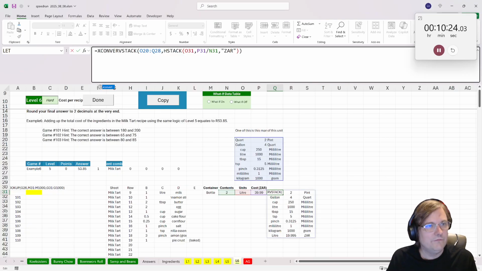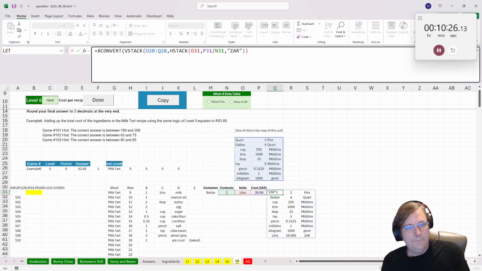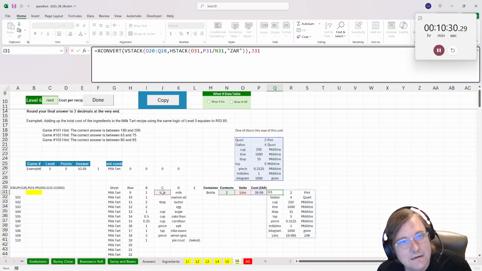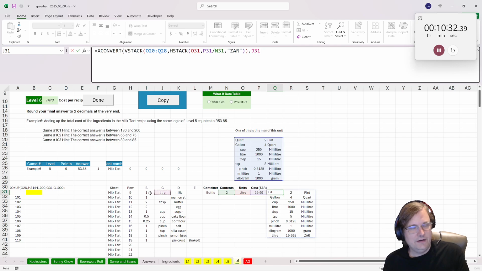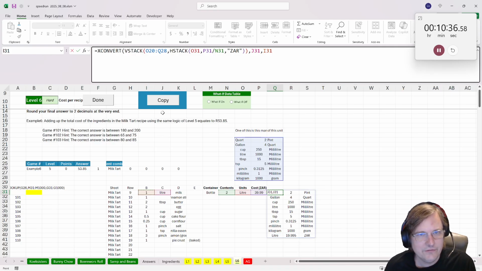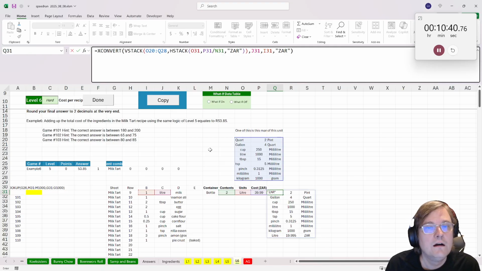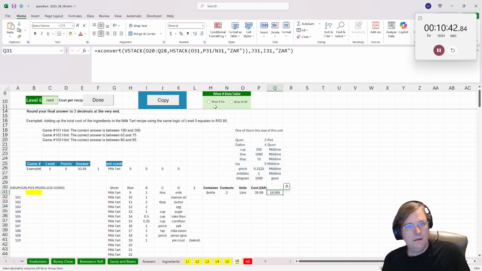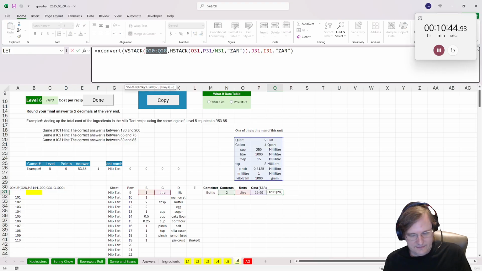So XConvert based on this table. I'm going from liter from the ingredient, and I need that many of it from the recipe also, and I need to convert it to ZAR, right? This part's got to get frozen.